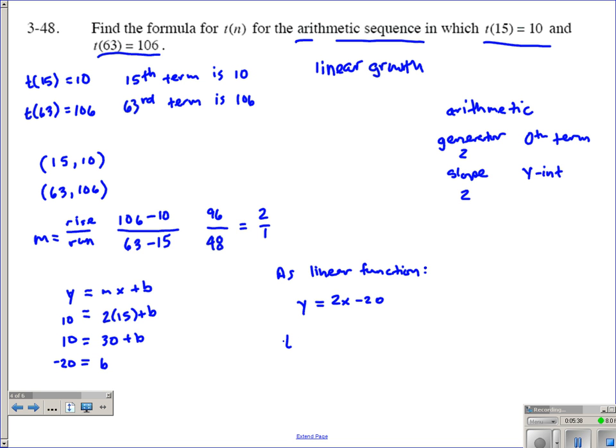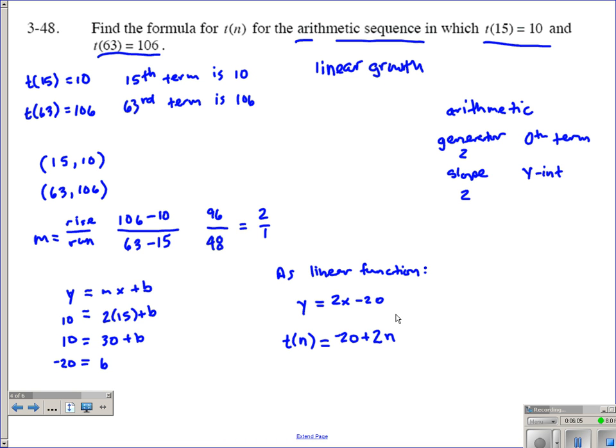So in this case, t of n is going to equal, and it really doesn't matter the order that you write them in, but I like to start out with my 0th term, which means negative 20. And all I'm doing each time here is adding 2 each time I move up a term. So 2 times n. T of n equals negative 20 plus 2n.